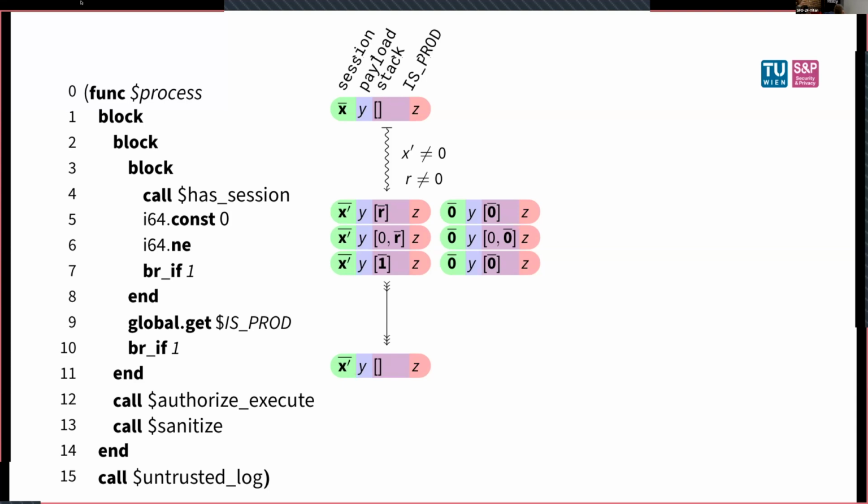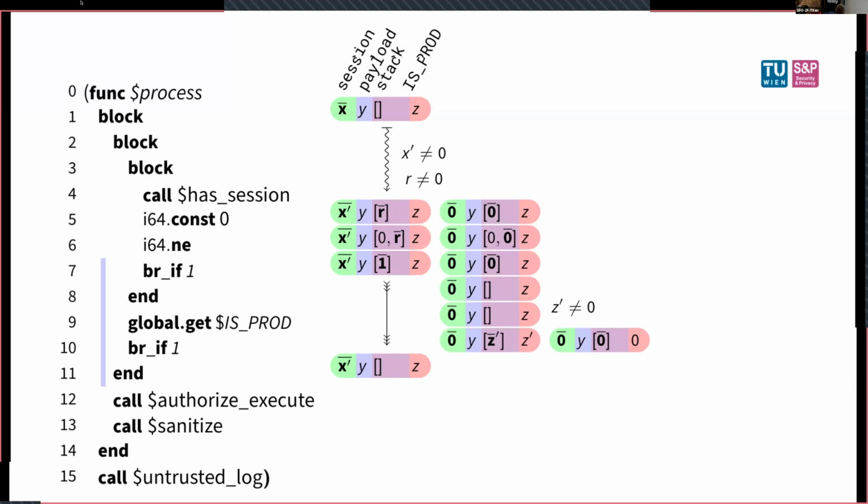And since this jump is dependent on high information, we want to taint this whole region. So if any write happens here, we also taint everything that happens here. For example, if we use global get isprod, the result will actually also be tainted. And then we have two different things, again depending on the result of isprod, or of the local get, global get.